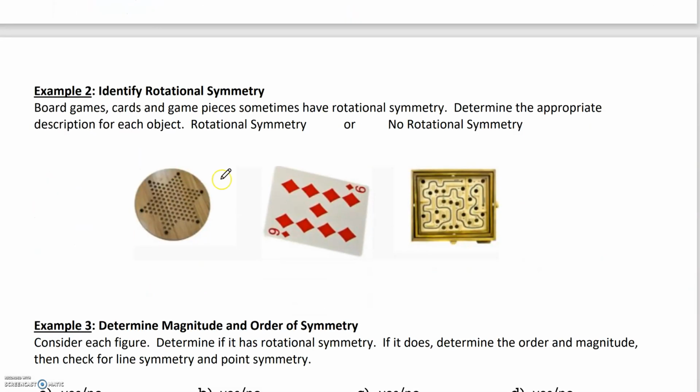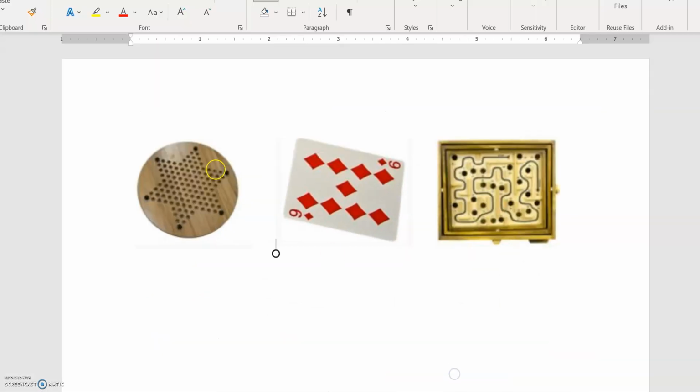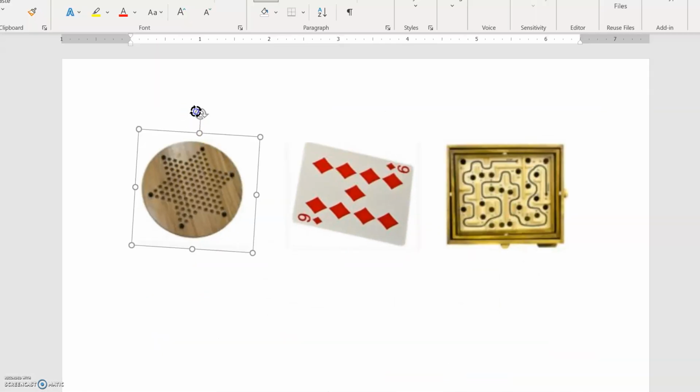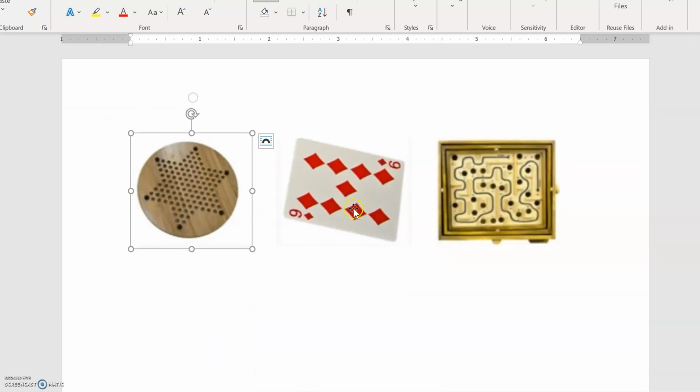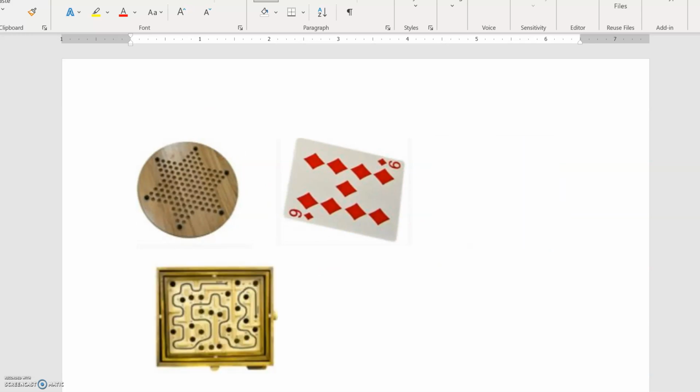I'm going to jump over here to Word so I can rotate them visually for you. If we were to rotate this one, actually I'm going to move my pictures down, sorry, because those are going to start to change and then it's hard to visualize.